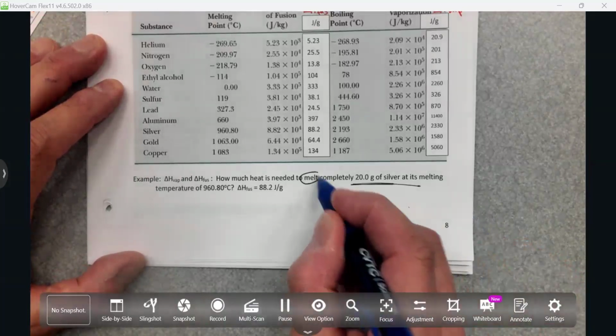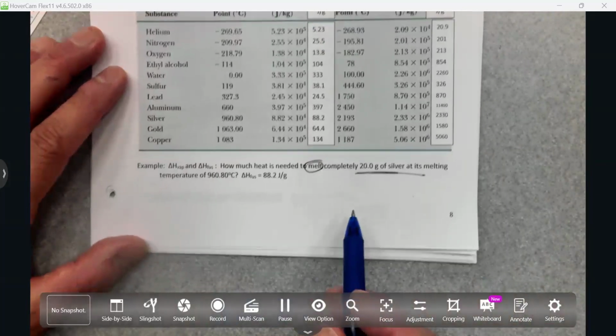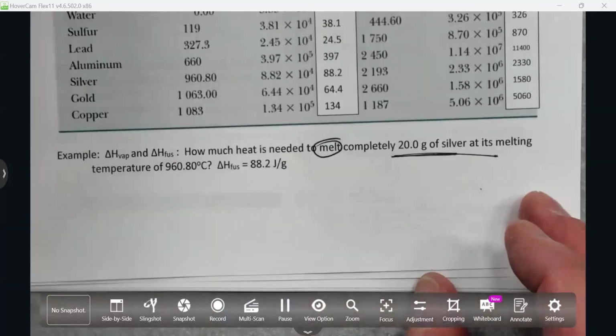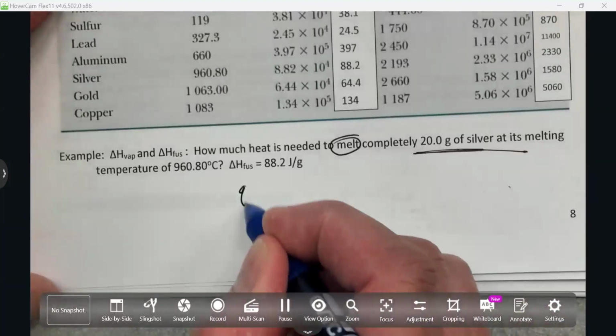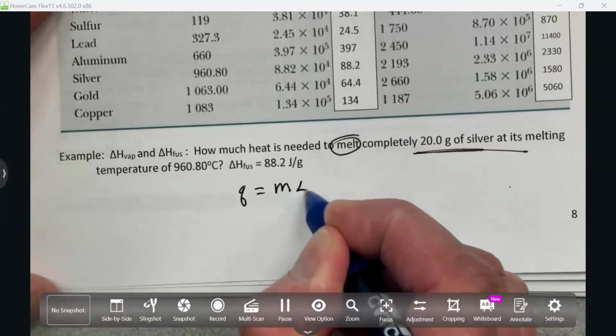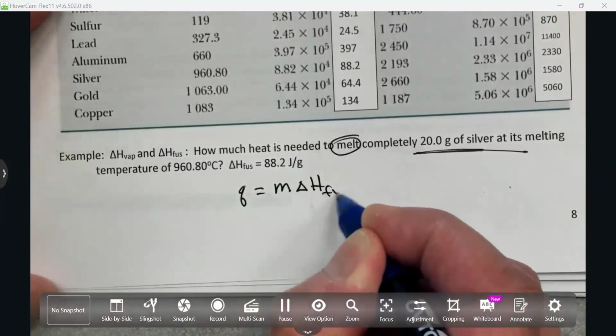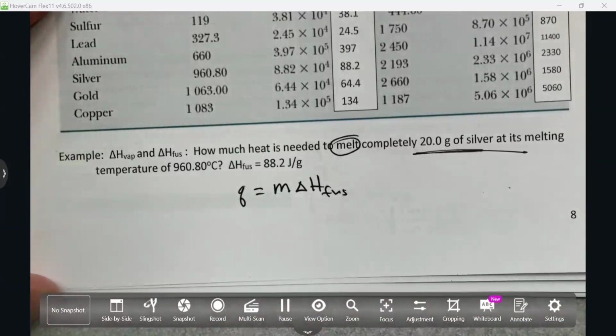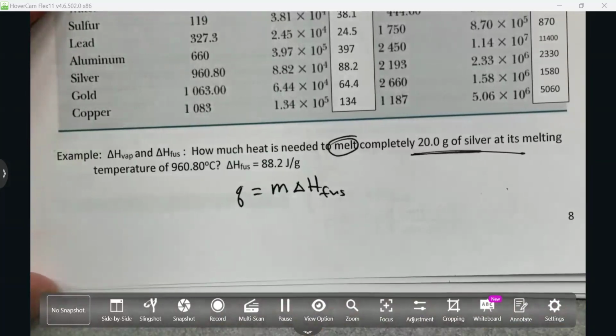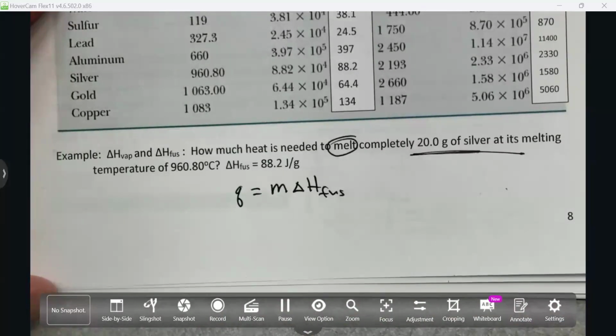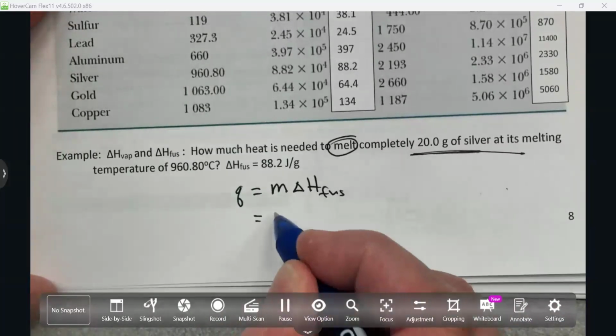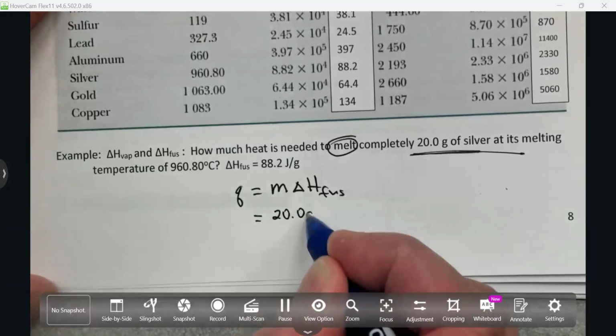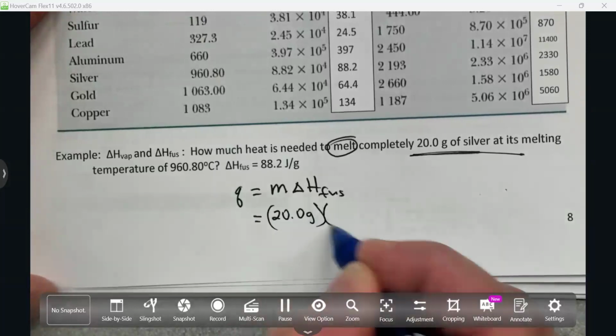We're just going to melt that. So that's just going to be a phase change at the bottom of 8. So Q is going to be my mass times my enthalpy of fusion. I think it's already at the melting point, huh? How much heat is needed to melt completely 20 grams of silver at its melting point? Yeah, it's already at its melting point. So we are simply going to have 20.0 grams.